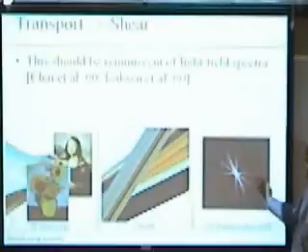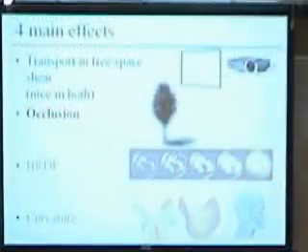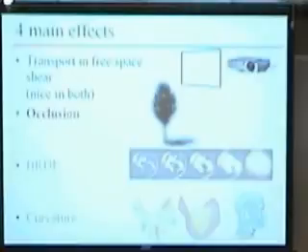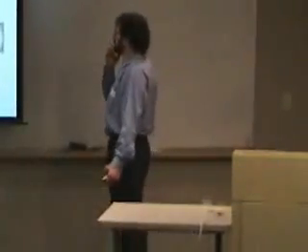The thing to emphasize here is that some people talk about the angle of these lines, and actually the more relevant information is the slope, because it's really a shear, not a rotation, and the slope is what's directly related to depth in the scene. Questions about that? So clearly the transport in free space, since it's a shear, is nice in both the Fourier and the original domain. It's not too nasty.